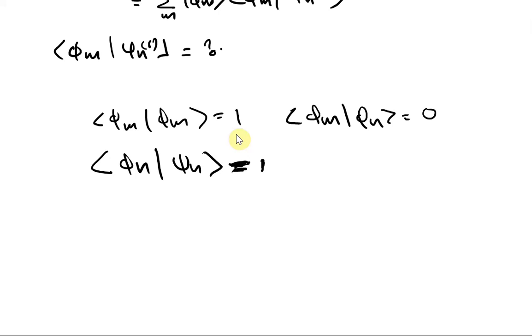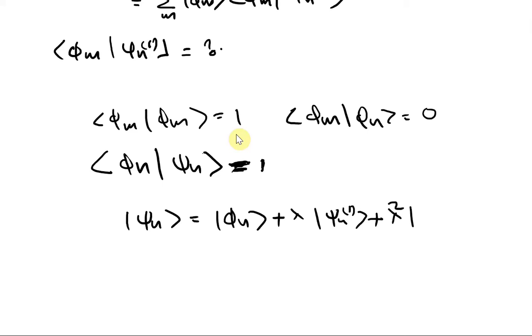Okay, what is this ψn? This quantity is nothing but the power series in terms of lambda, that is φn plus lambda into ψn1 plus lambda square into ψn2, etc. I'll substitute this over the previous expression.